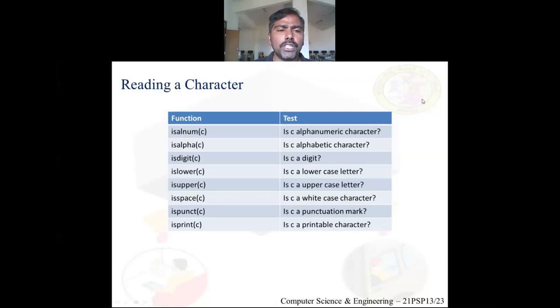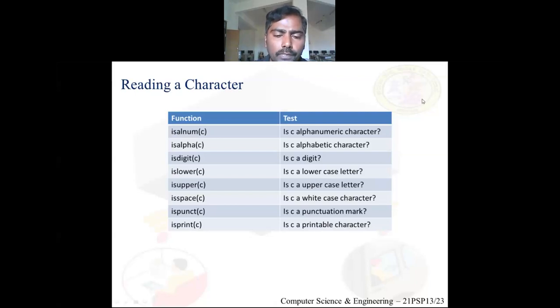I want to check whether the character stored in the memory location identified by c is an alphabet or numeric. Then I can make use of this function, isalnum. It returns true if the character is either an alphabet or a number, otherwise it returns false.